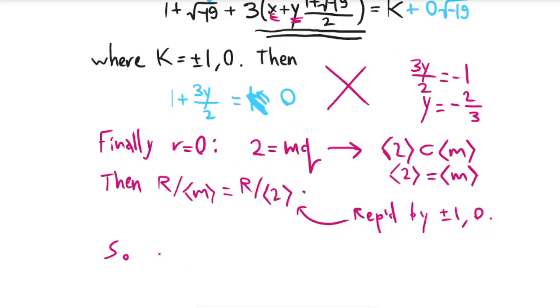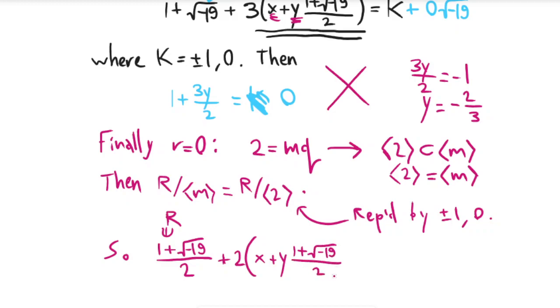And now we want to do a similar thing, but we want to do it with 1 plus root negative 19 over 2, okay, which is also in R. And so we know that, this plus some multiple of 2, so this is going to be 2x plus y times (1 plus root negative 19 over 2), like this. x and y are both integers. And we know that, again, this is equal to k, where k is in the set 0, plus or minus 1.